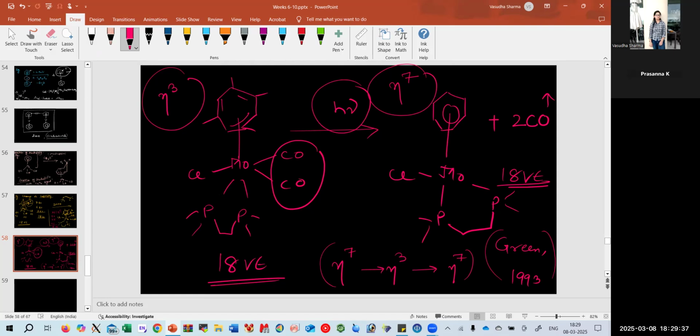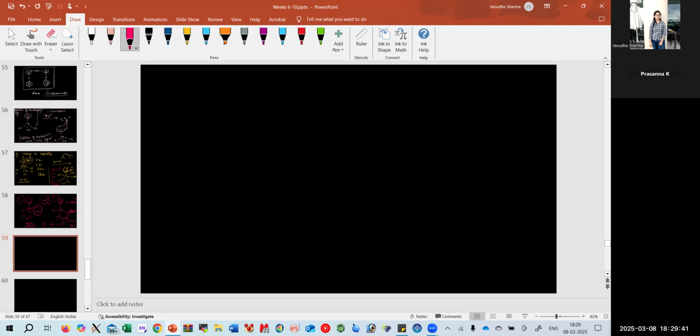So another example that we can take for this particular system, where we are changing the total valence electrons, making from 16 to 18 valence. So we have here a C7H7 system and a zirconium connected with a fused C5H5 or an indole kind of system.